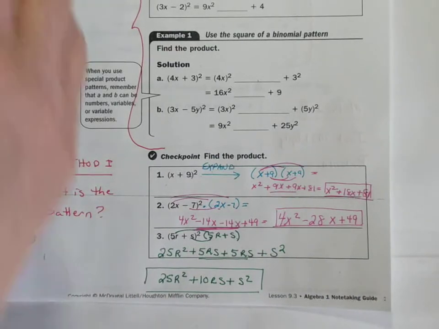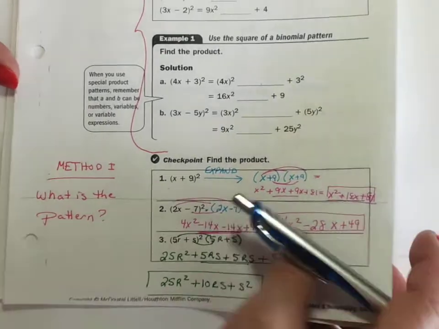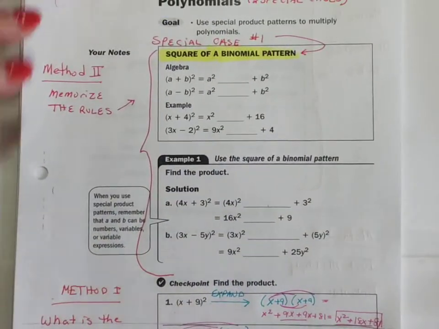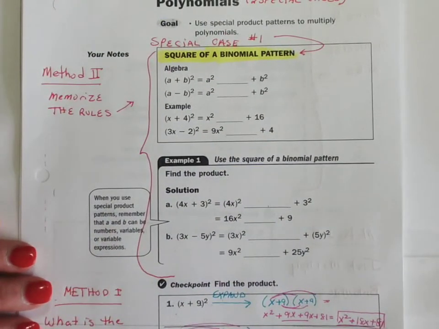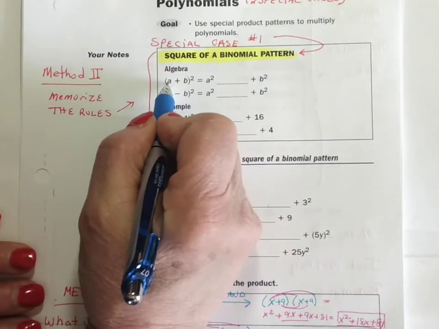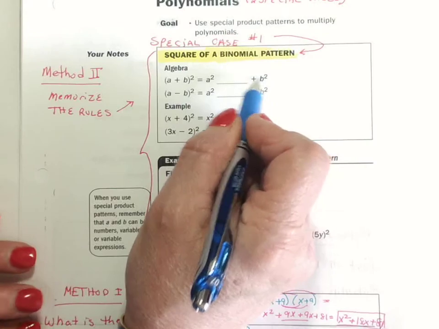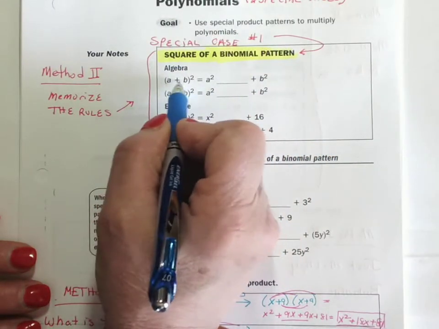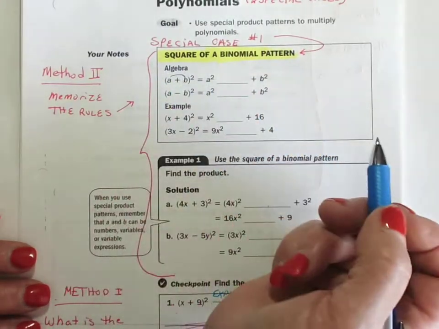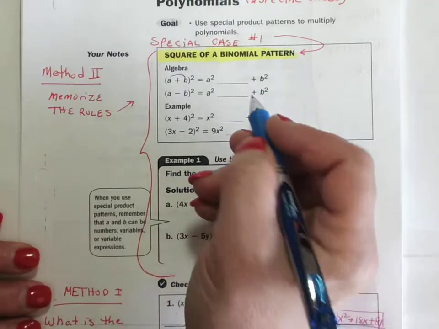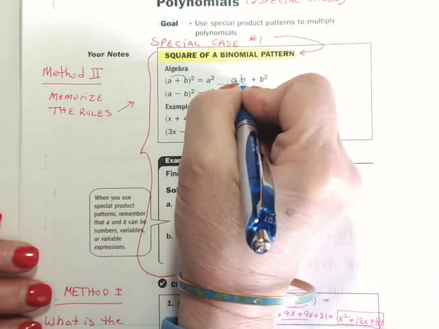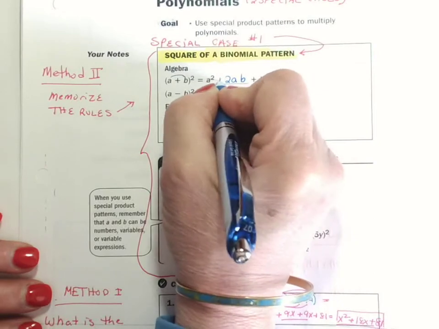So let's go back. If you want to memorize the pattern, here is the pattern. Square the first term, square the last term, and do not forget that you have to multiply these two terms, a, b, and double it.